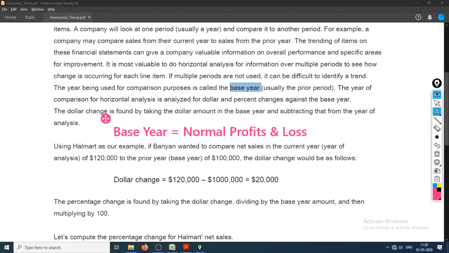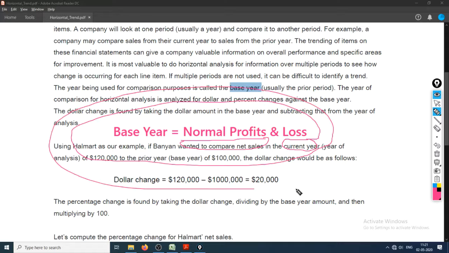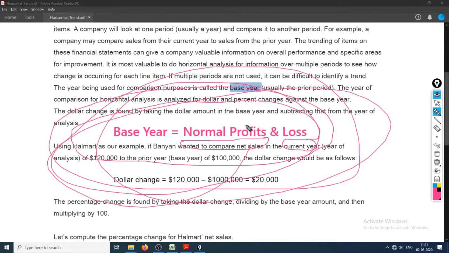That is basically considered as the year of comparison that you can really look to, because in normal circumstances you can have this much profit, in normal circumstances you can have this much loss. Most companies use the concept of base year while comparing the financial statements, that is, they have some normal year to compare to.